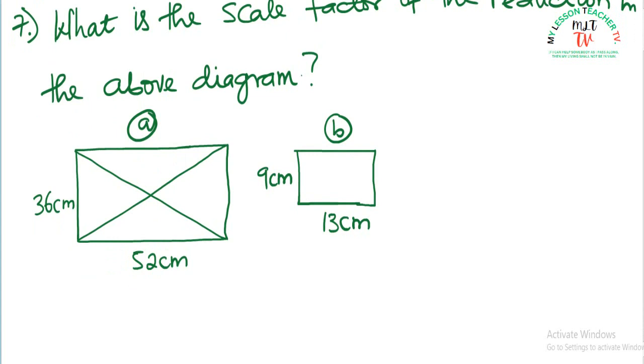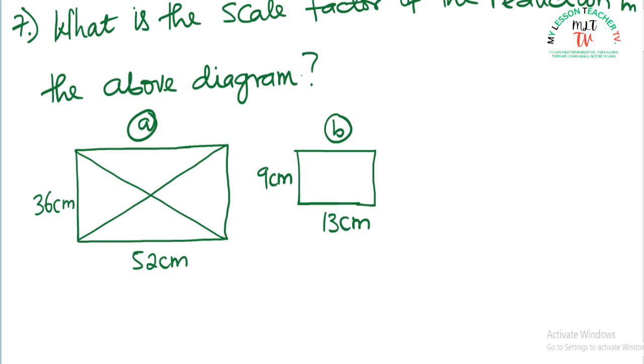You can find the ratio of the length of B to the length of A. Now, it must always be the length of B to the length of A, because B is said to be a reduced version of A. So A has been reduced to B. If it is an enlarged version, then it's going to be the bigger object by the smaller object. But in this case, it's a reduction scale factor.